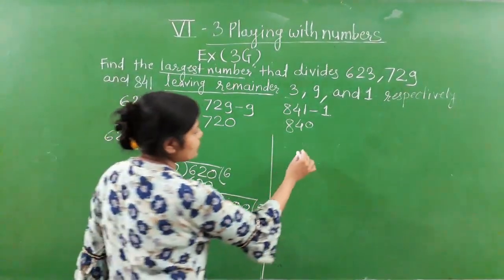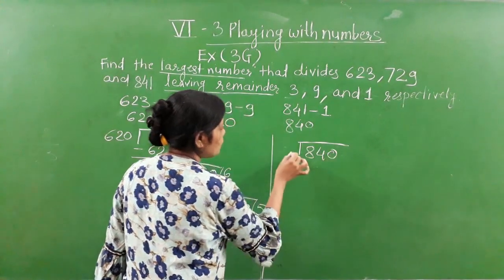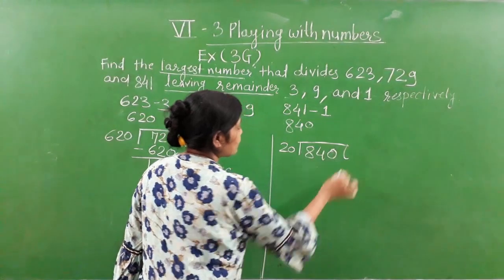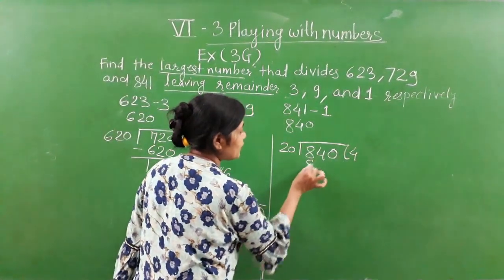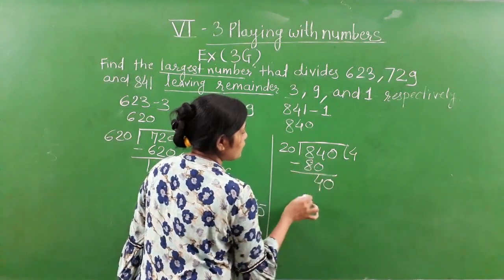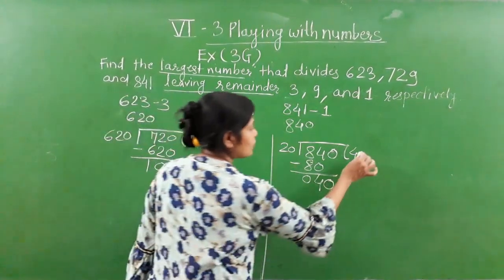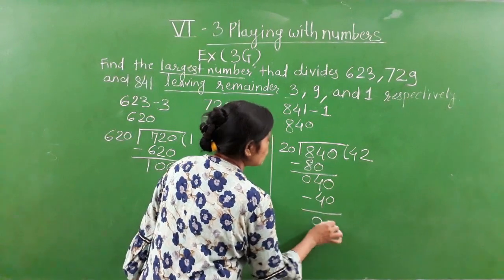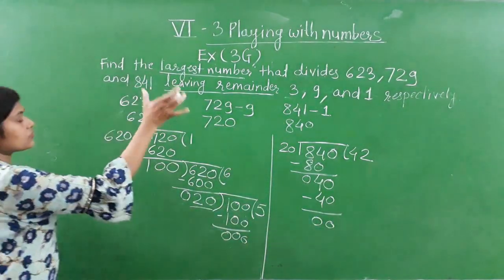By this 20 we will divide 840. So we'll divide it. So we'll take 20 4s are, what will we get? 80. Subtract it. Okay. Now you know that 20 2s are 40. So in this way division is complete. It shows that 20 is the HCF of these three numbers.